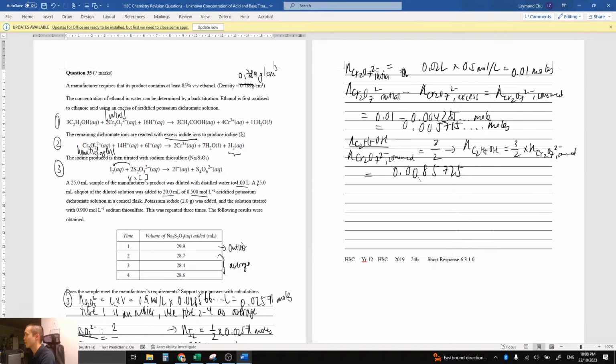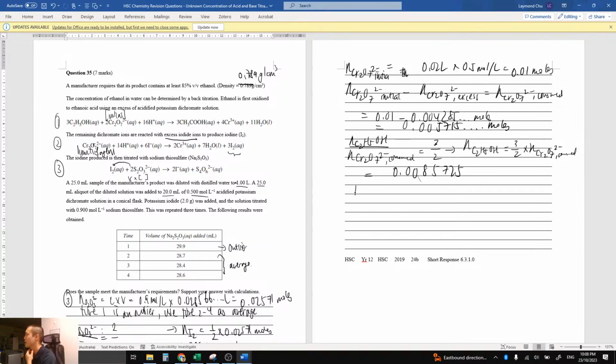So we can say that if the 25 mils aliquot of the dilute solution was added to 20 mils of that, this is the moles in the 20 mils.